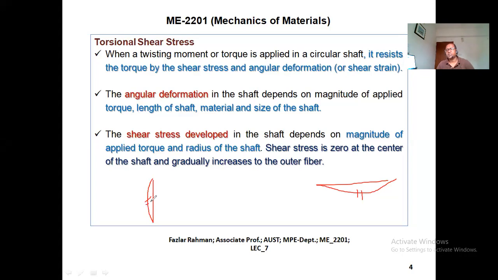We figure out the formulas: how to find the stress and how much the deformation is. Similarly, in the beam, you figure out the formula for sigma, the shear stress, and then the deflection of the beam. Similarly, when you apply a torque to a circular cross section, the torque will create shear stress inside and angular deformation.